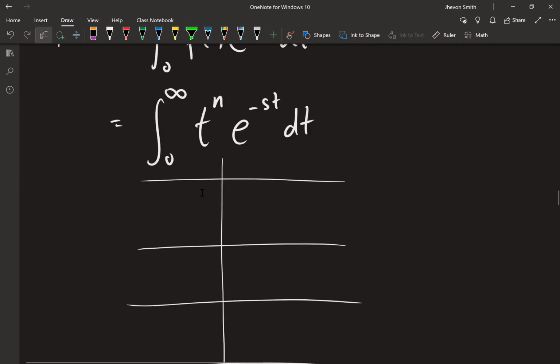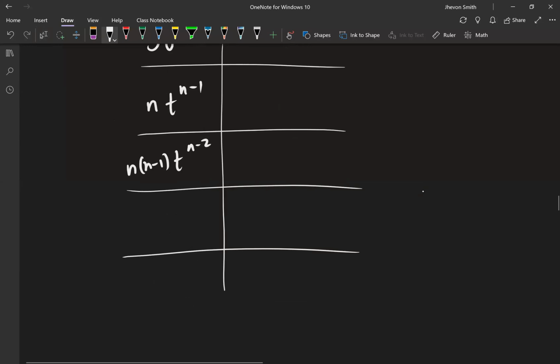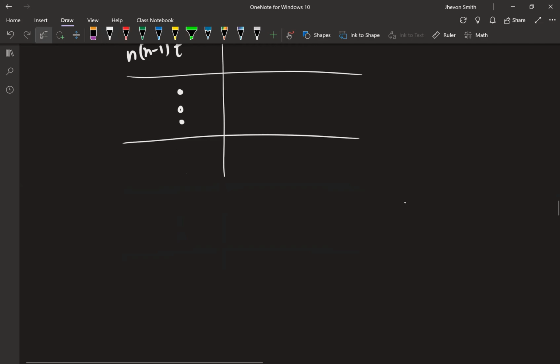We keep differentiating the t's, so this here is going to be n times t to the n minus 1, then n times n minus 1 times t to the n minus 2, et cetera. You keep going, and eventually you're going to exhaust all the powers of t.